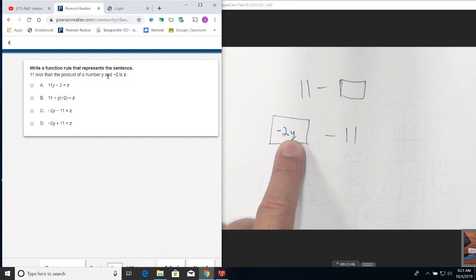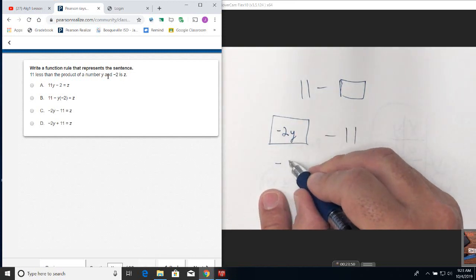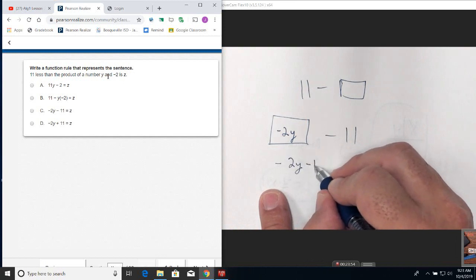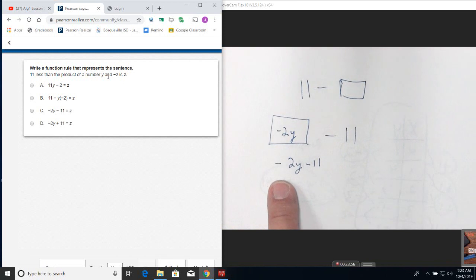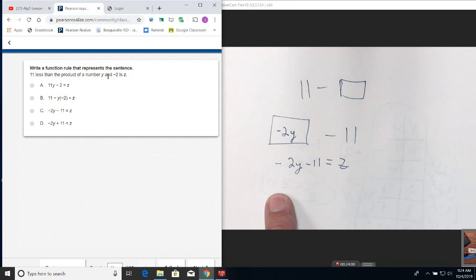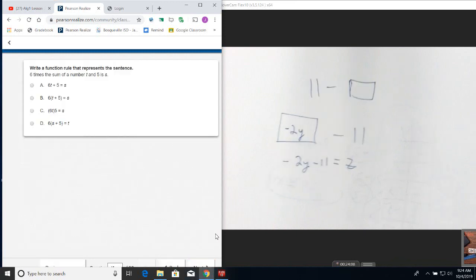And then I'm going to subtract 11 from that. So my equation, if I clean it up, would be negative 2y minus 11, and that is equal to z. Do y'all see that anywhere? C. Yes, ma'am. Yeah. All right, let's go to the next problem.